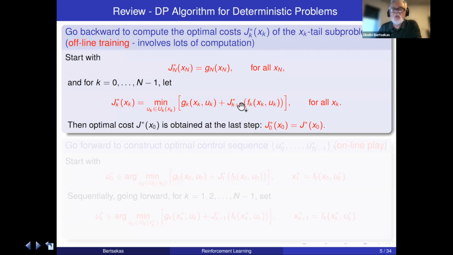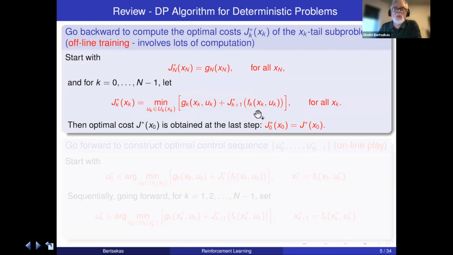And given Jk plus 1 star, we compute Jk star for xk by adding the cost of the kth stage, adding the optimal cost of the tail subproblem from the state where we land, and minimizing over all uk. This is the dynamic programming algorithm. It goes backward from Jn star, computes Jn minus 1 star, Jn minus 2 star, and so on. And at the last step, we obtain the optimal cost function of the problem, which is J0 star of x0.